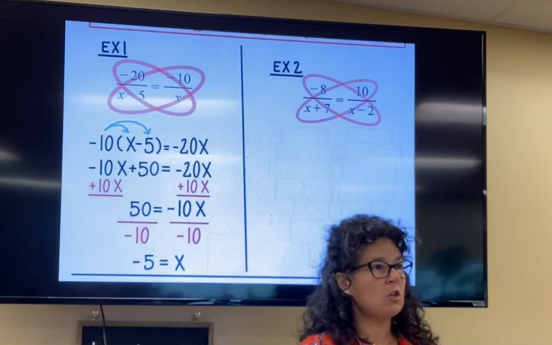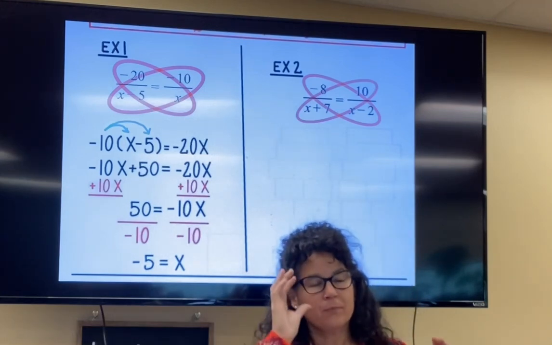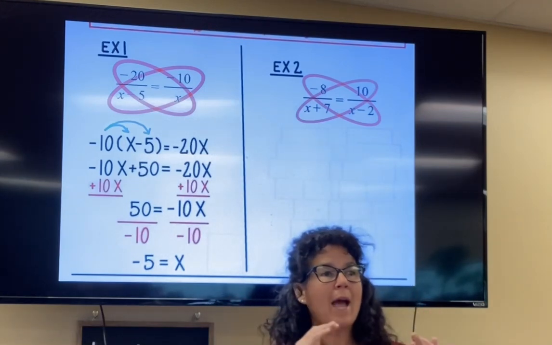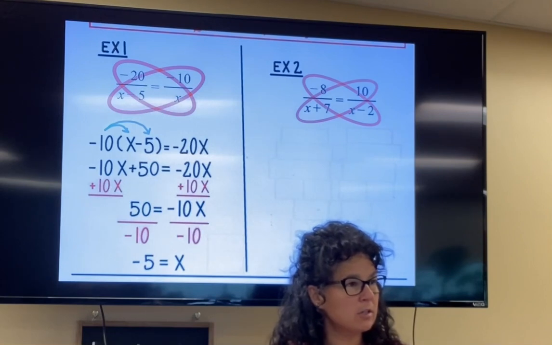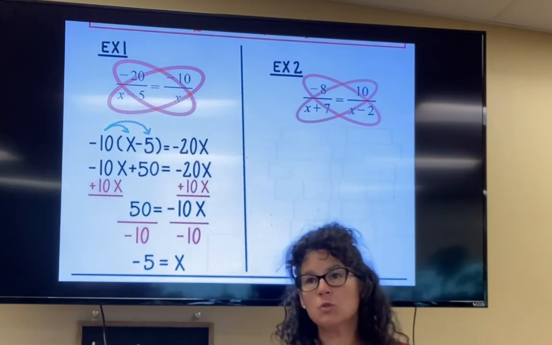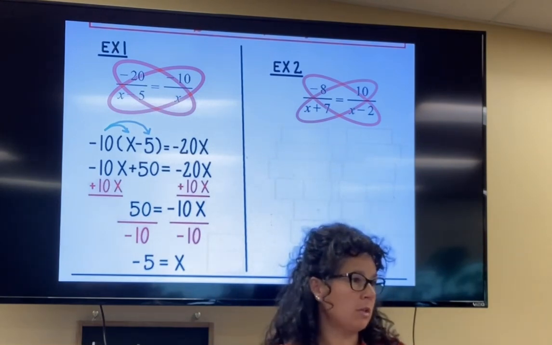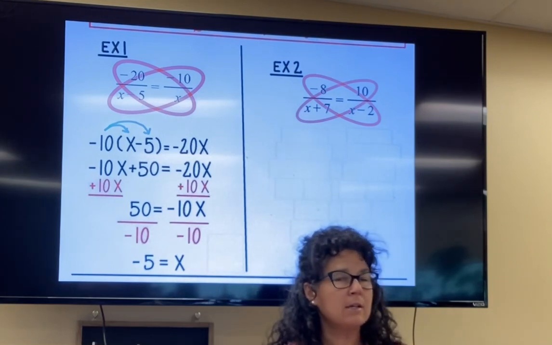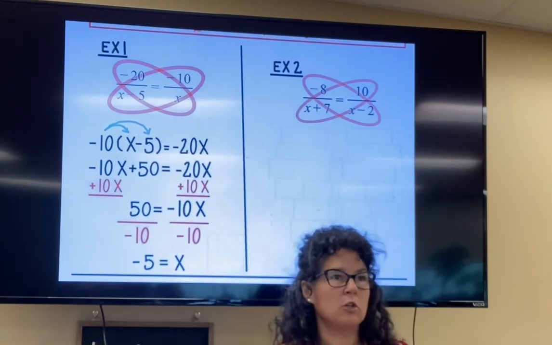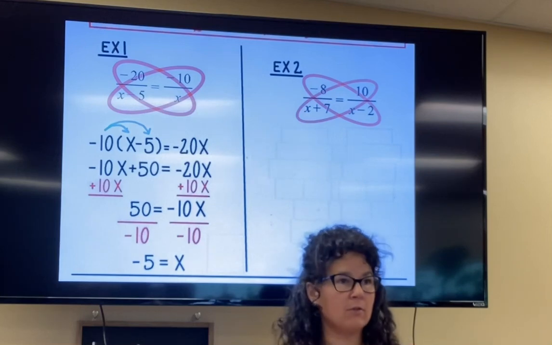Now the one thing that you may not realize is there are certain times where you have to check your answer, and there are some times where it's optional. It's optional because as long as you did your steps correctly, you've got it.